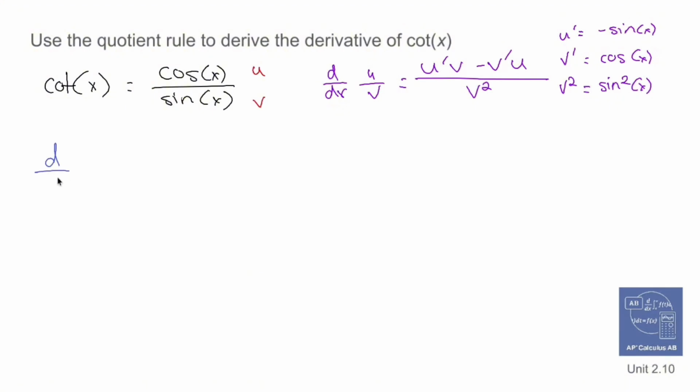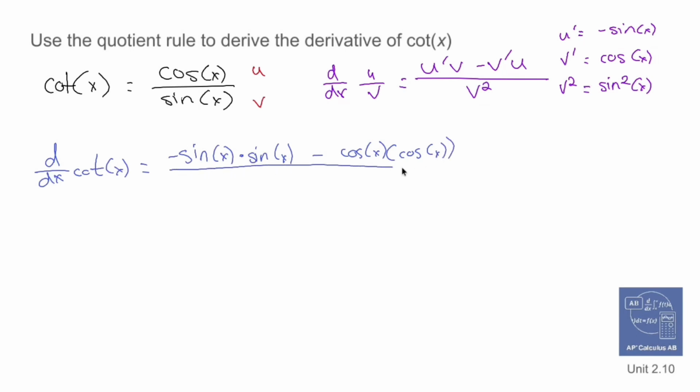The derivative of cotangent x is going to be u prime v, so negative sine x times v, which is regular sine x, minus v prime u, so minus cosine x times u, which is cosine, all over v squared, which is sine squared x.